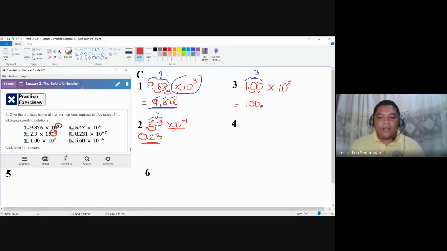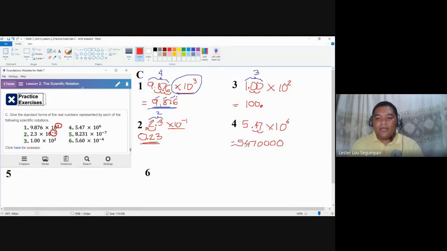Number 4. So you have 5.47 times 10 to the power of 6. This is positive. So we move here 6 steps to the left to return it to its standard form. So you have 5, then 1, 2, add more zeros, 3, 4, 5, 6.